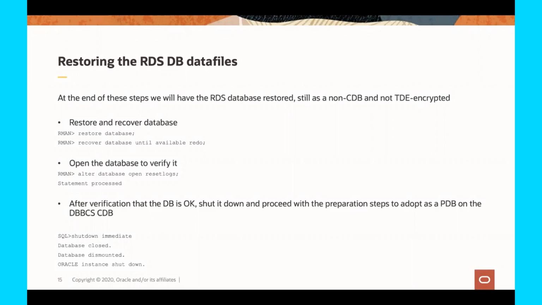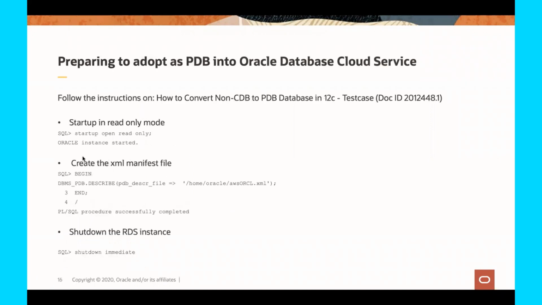There are a few more things that we have to do to make this database something that we can really use as a DBCS supported database. Those two things are adopting it as a PDB in the CDB and encrypting it. Once the restore and recover is done, we can shut down the instance, and we are ready to proceed.